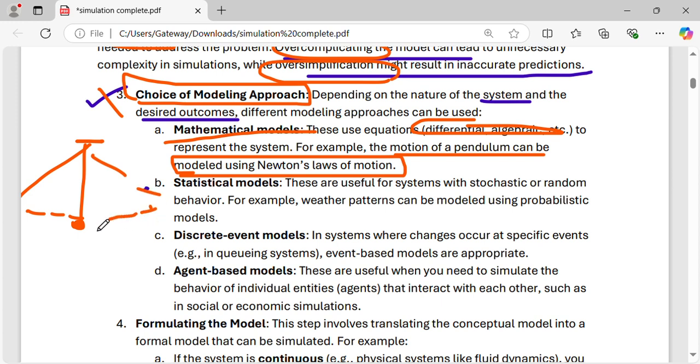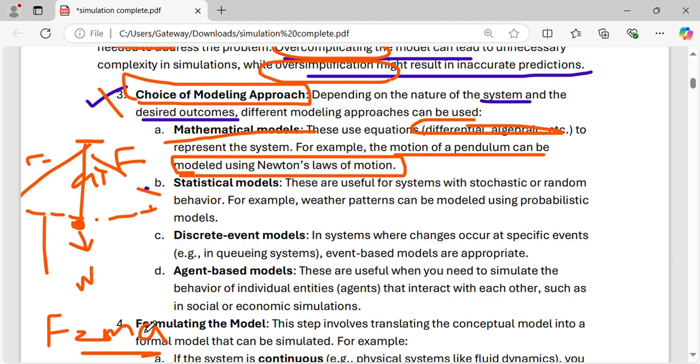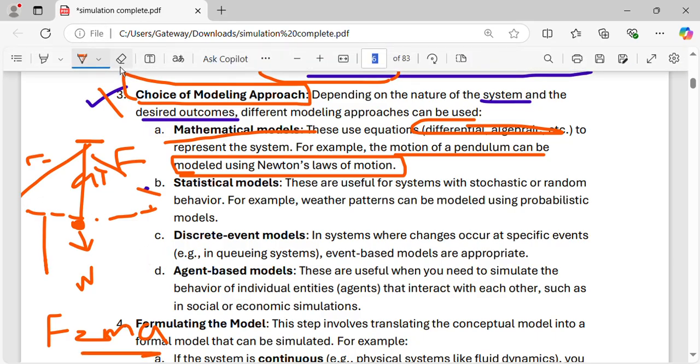It has a downward force like weight, an upward force, the tension here, and other forces acting on it. There was some idea of Newton's law here, like F equals ma, mass times acceleration.